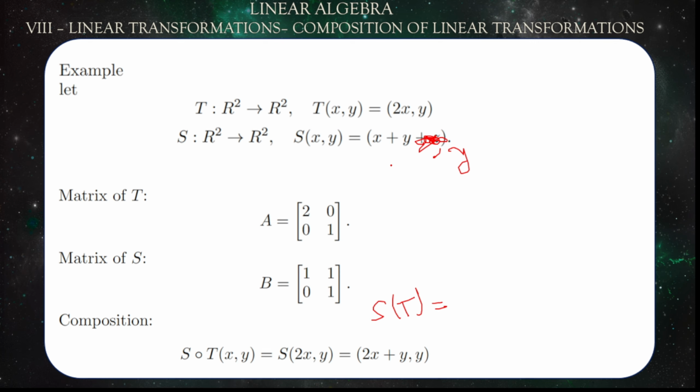So x plus y in the first argument, x is replaced by 2x, okay, so you get 2x plus y, y remains the same. As for the second argument, which is y, you don't have x here, you simply have y. So S∘T or S of T is equal to (2x plus y, y).